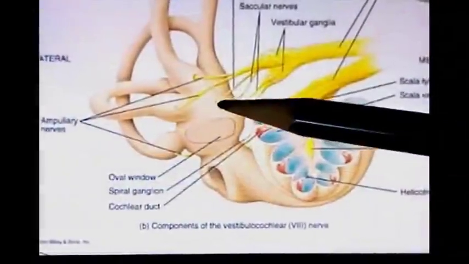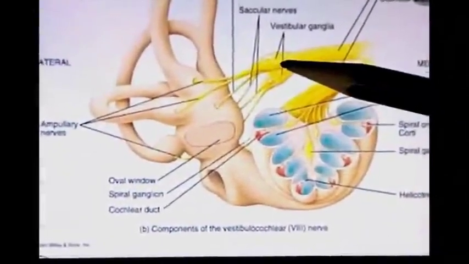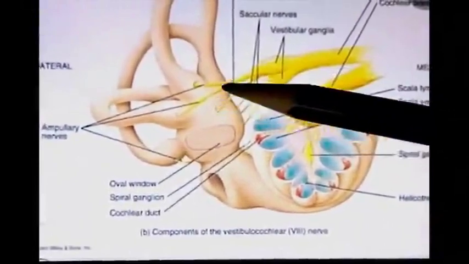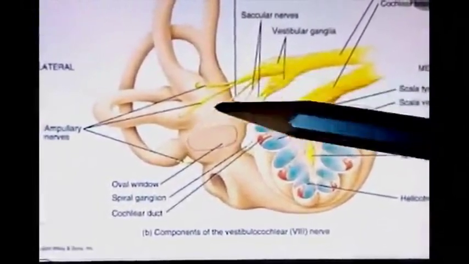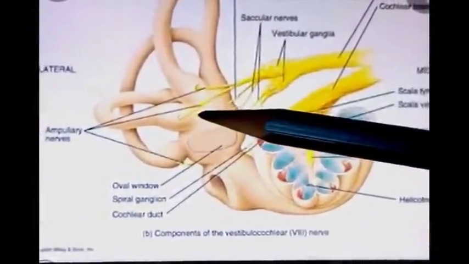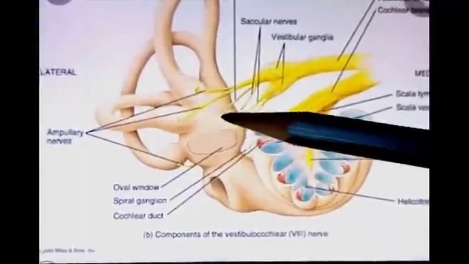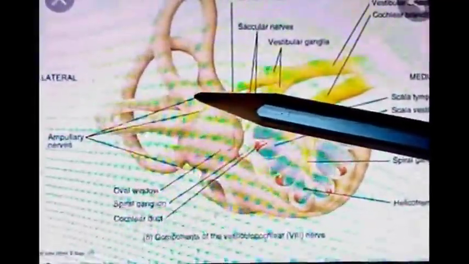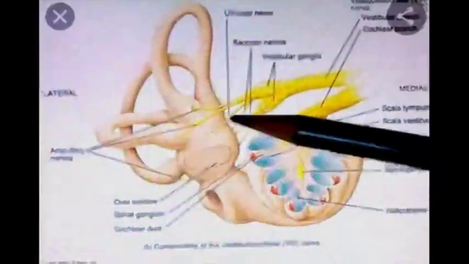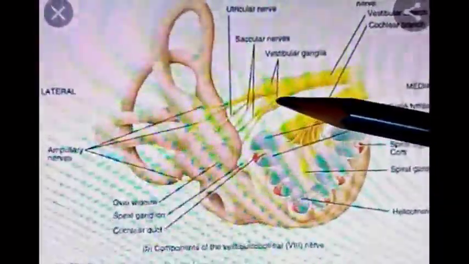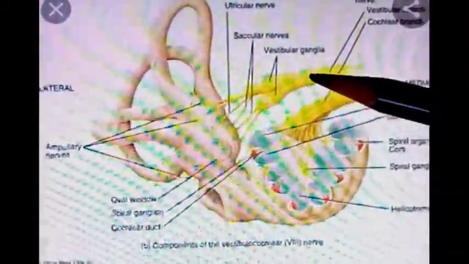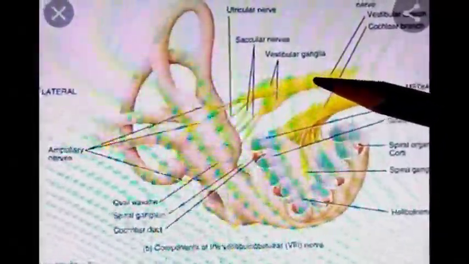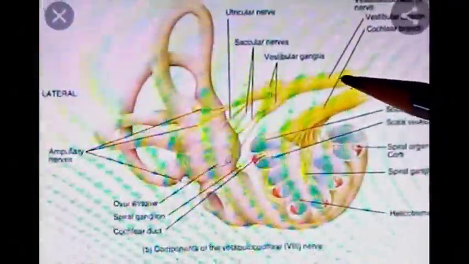In the same manner, vestibular ganglia, the peripheral processes of this ganglia innervate the maculae and cristae of vestibule and semicircular ducts. Then these peripheral processes relay in the vestibular ganglia, and the central processes of the ganglia combine together to form the vestibular nerve.